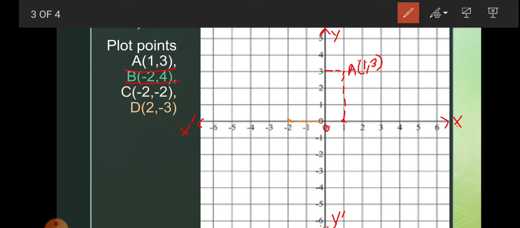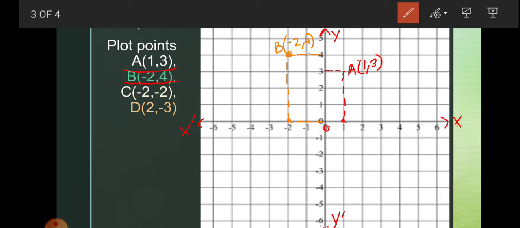From there, we move 4 units upward along the y-axis. Mark the point at that place and write B (-2, 4).